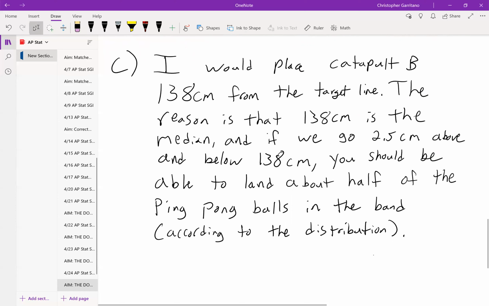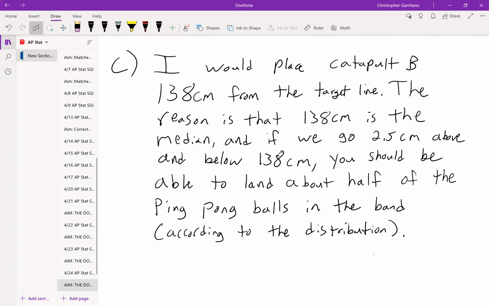Notice that I'm not just stating these things and moving on without factual evidence to back them up. I'm stating things that can be easily backed up by the information that we're given. That's one thing you want to keep in mind.